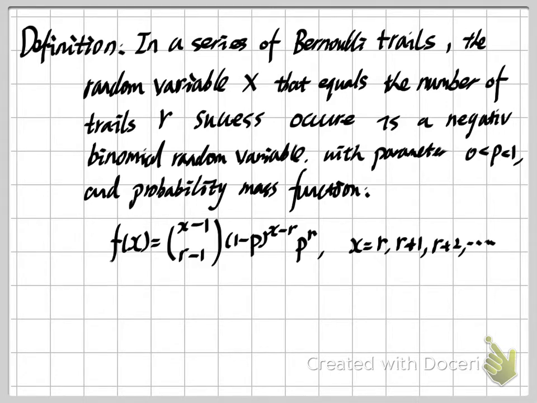We call this a negative binomial random variable. If you compare this with the geometric random variable, what is the difference?